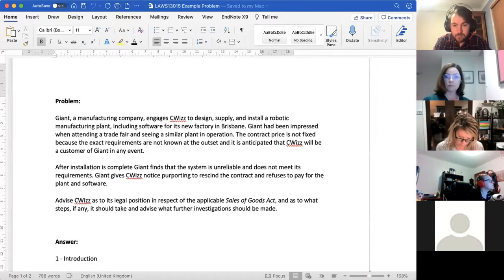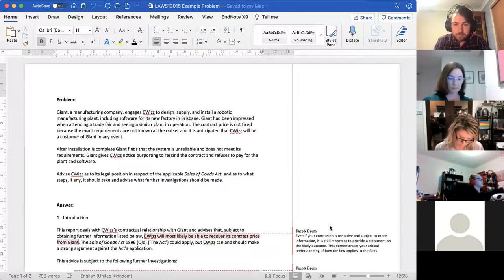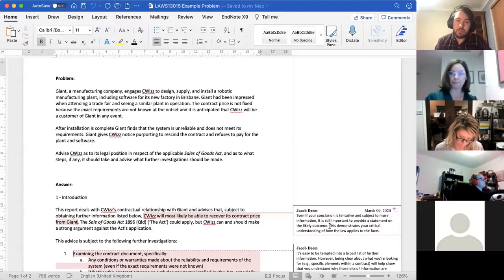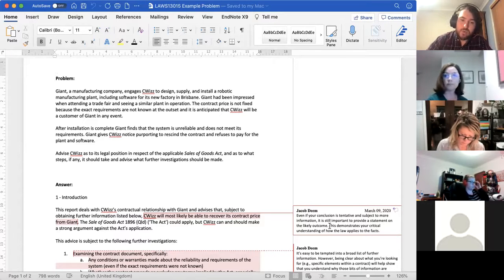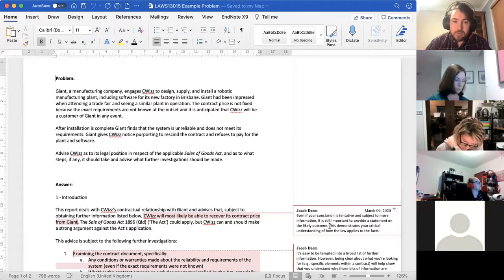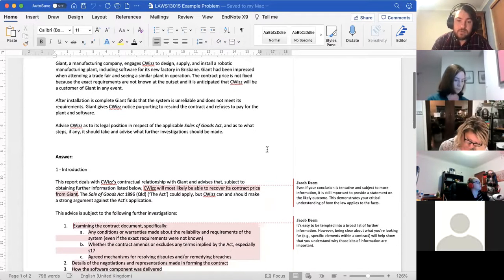This is a problem of the kind that you'll find in the tutorials and in your assessment, but broadly, we've got a manufacturing company who engages another company to design, supply, and install a robotic plant. There's problems. After installation is complete, they find that the system's unreliable, and we have to advise CWIS in respect to the Sale of Goods Act.